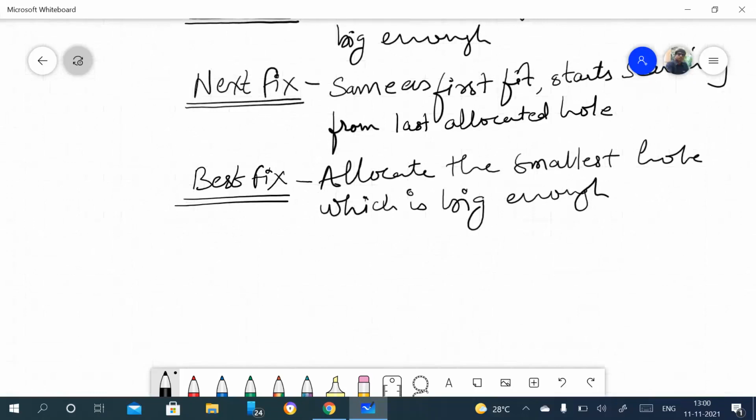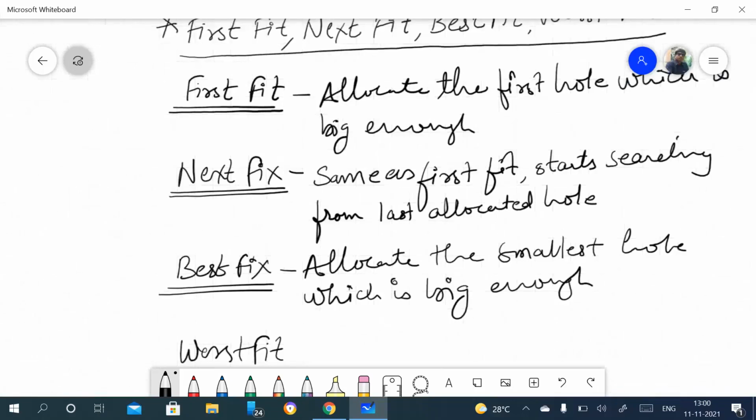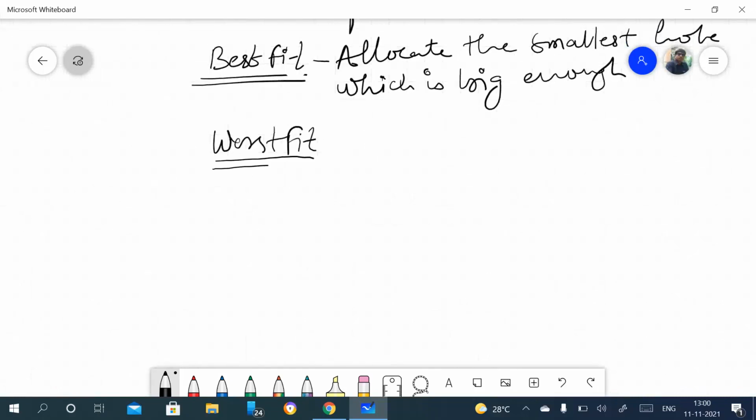And worst fit, as the name indicates, is not a good thing. In this case, whatever the largest hole is, that we consider for the allocation. So allocate the largest hole.